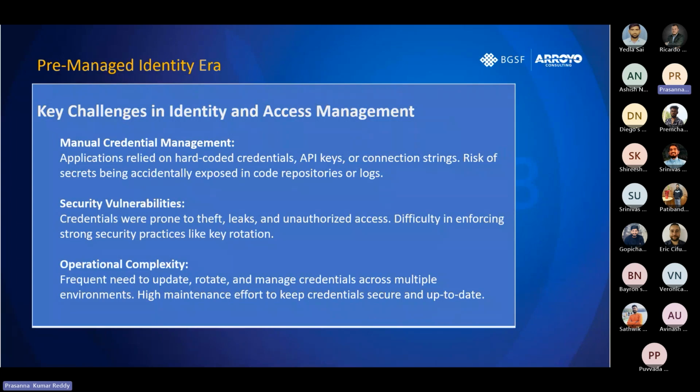Also, there is operational complexity. Every client secret will keep on expiring, and every time we need to generate a new client secret, and again we need to update the same client secret in the application. With the use of managed identity, whenever the secret expires, it automatically generates the new secret, and it will use that new secret in order to connect to the Azure resources.